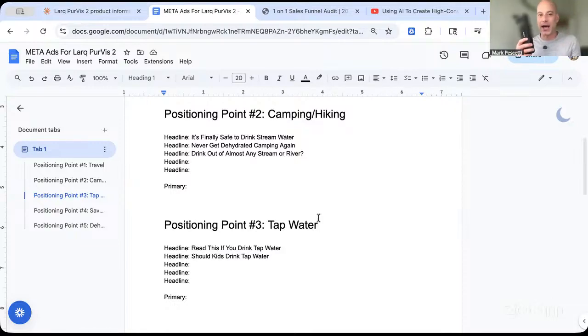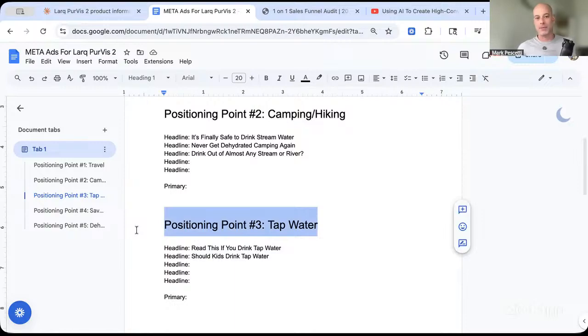So that's by understanding circumstance and archetype, condition, archetype, to be able to take a positioning point and add more layers to it. Again, just tap water. Parents protecting their kids from tap water. People who have autoimmune problems and tap water.